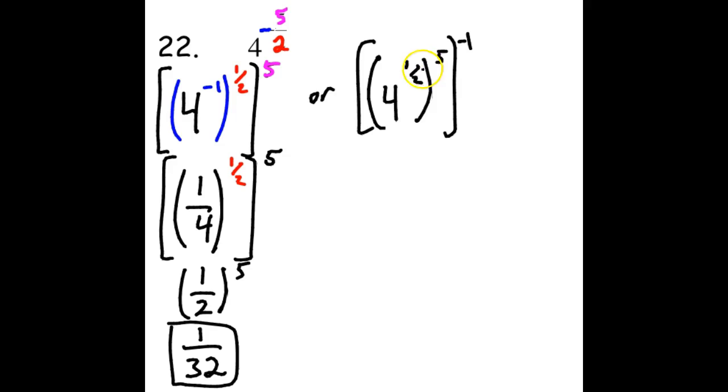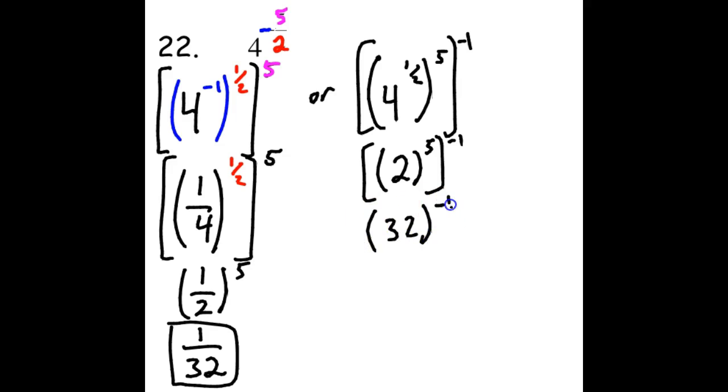So we could do square root of 4 and get 2, raise it to the 5th power and get 32, and then at the very end raise 32 to the negative 1, makes it a fraction, and you get 1/32. So notice how it's the same thing no matter what order you go in. Sometimes there's one that's easier than others, other times it's just a personal preference.